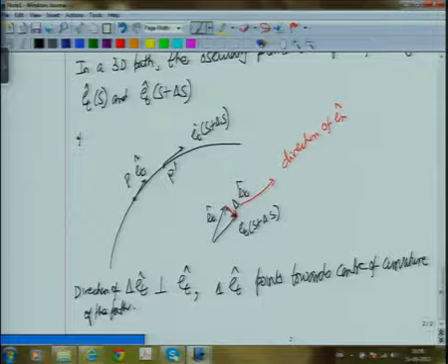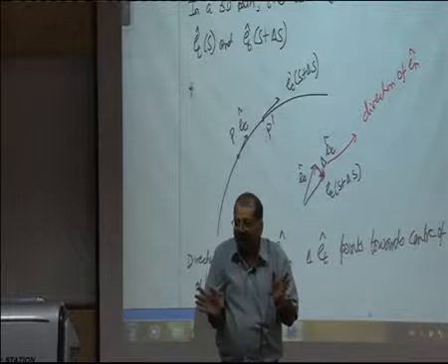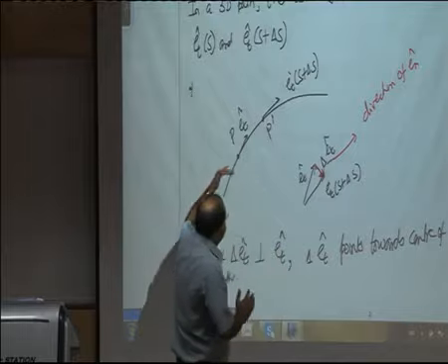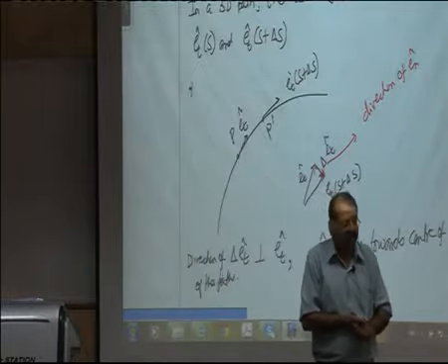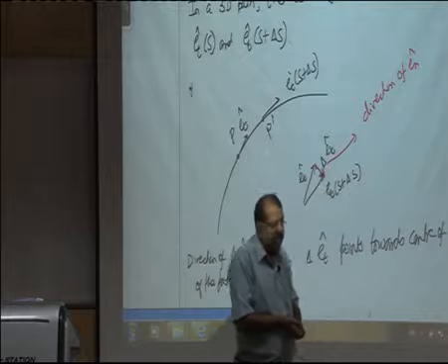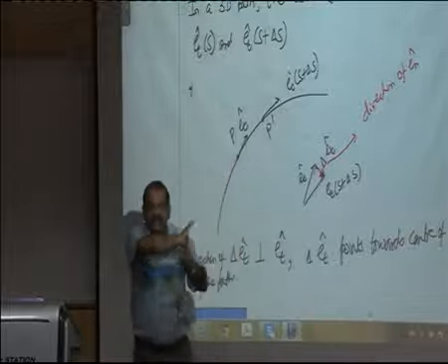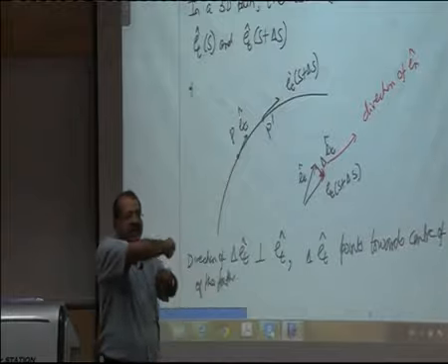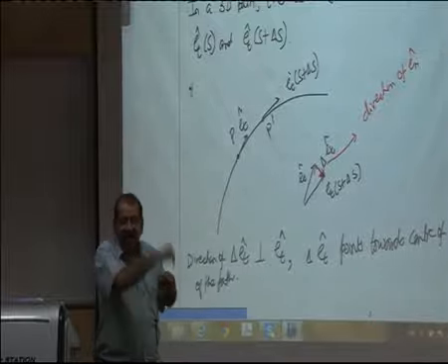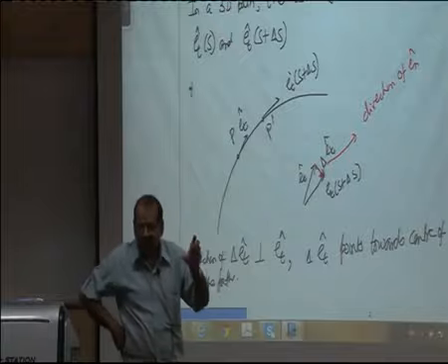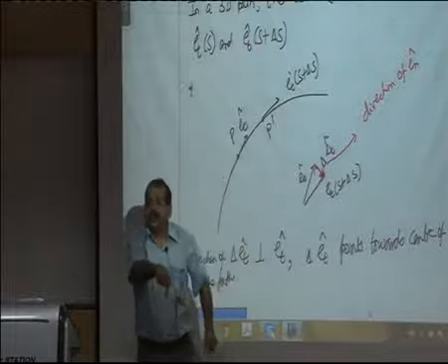Now, we have just defined Et and En and this radius of curvature in a totally mathematical way. What is the physical significance of radius of curvature? If we assume that the particle is traveling in a circle between P and P prime, if we join it by a circular arc, then the radius of that arc will be the radius of curvature, and the dEt by ds has to point towards the center of curvature.